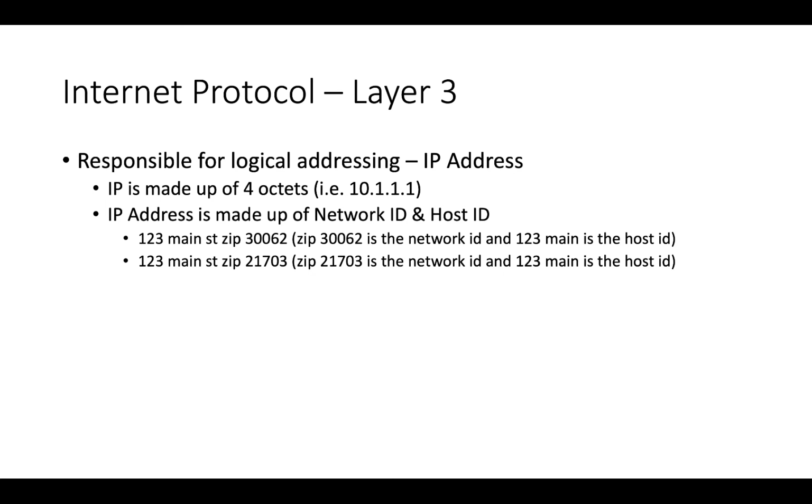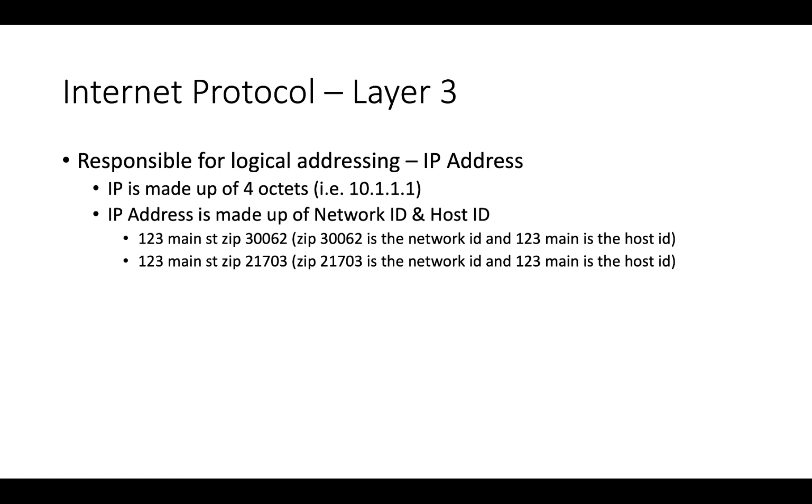An IP address is made up of a network ID and a host ID. For example, consider 123 Main Street. With the U.S. mail system, we have the concept of zip codes.